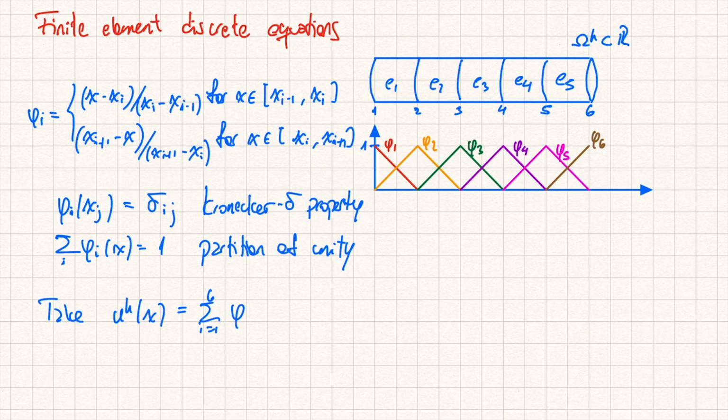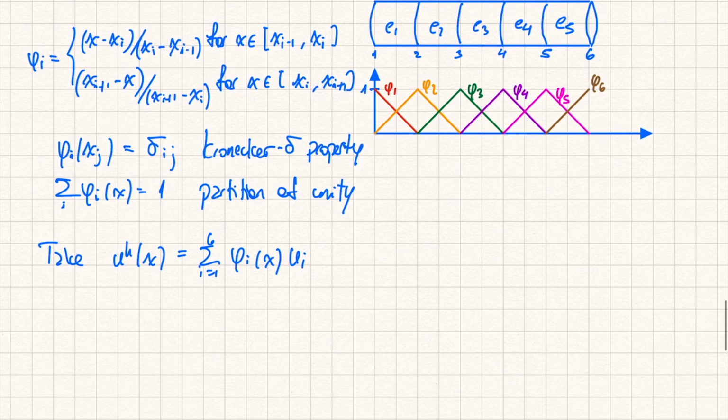Keep in mind that I have only 6 functions, phi I times UI. Notice that now my UI is the actual coefficient that I use, the degree of freedom, and these are just scalars. They are coefficients that are multiplying our basis functions, our shape functions. In finite element terminology, these basis functions are called shape functions, okay?